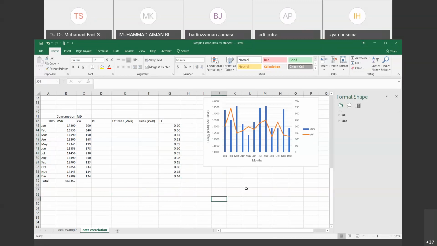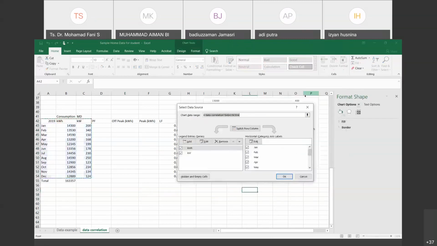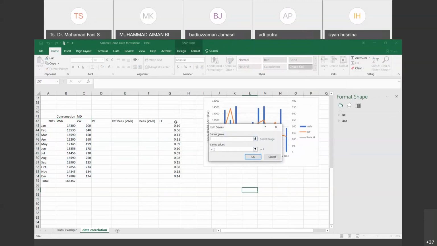Load factor. Okay, so we can add another value here, load factor.